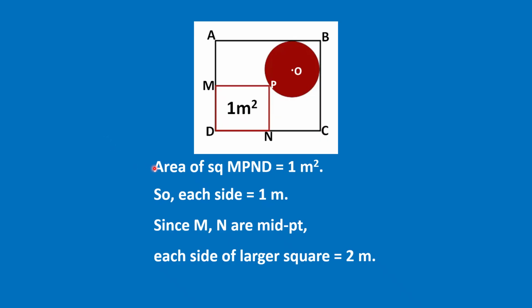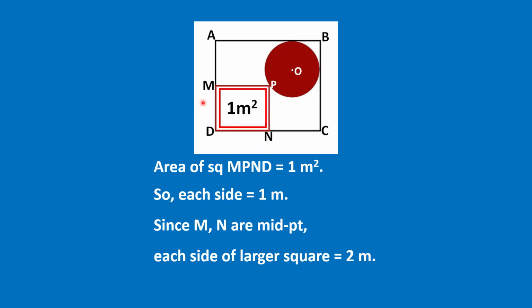Now, the area of the small square, the blinking square, is given as 1 square meter. So each side should be 1 meter. So the total should be 2 meters because M and N are the midpoints.